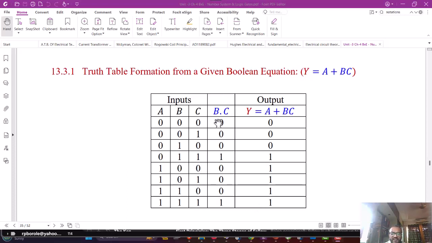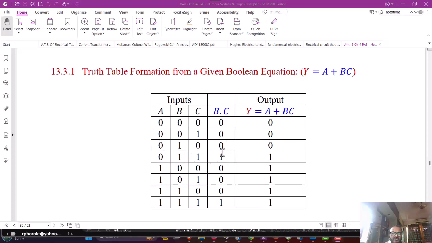Okay. Let us now take this fourth column and OR it with A. You are getting the output Y is equal to A or BC. So let us see. A or the BC value in the fourth column. 0 or 0 is 0. 0 or 0 is 0 again. The third row, 0 or 0 is 0 again.